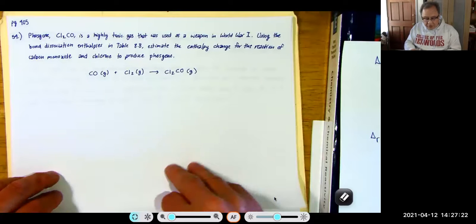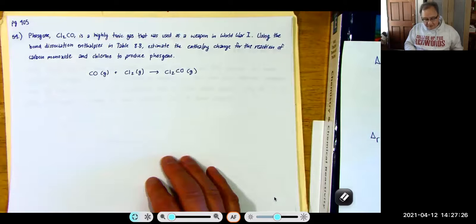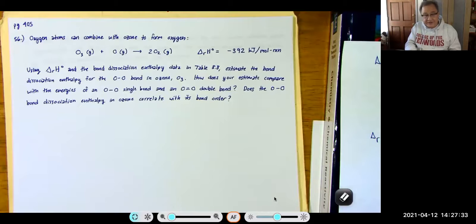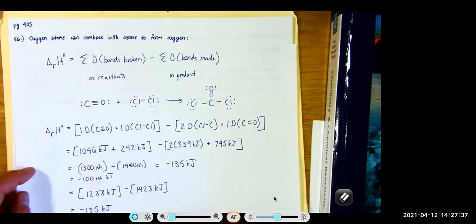So whenever you're doing the bond dissociation enthalpies, not only do you want the correct equation to use, here it is, but what else do you need? The coefficients? Yes, and what else?